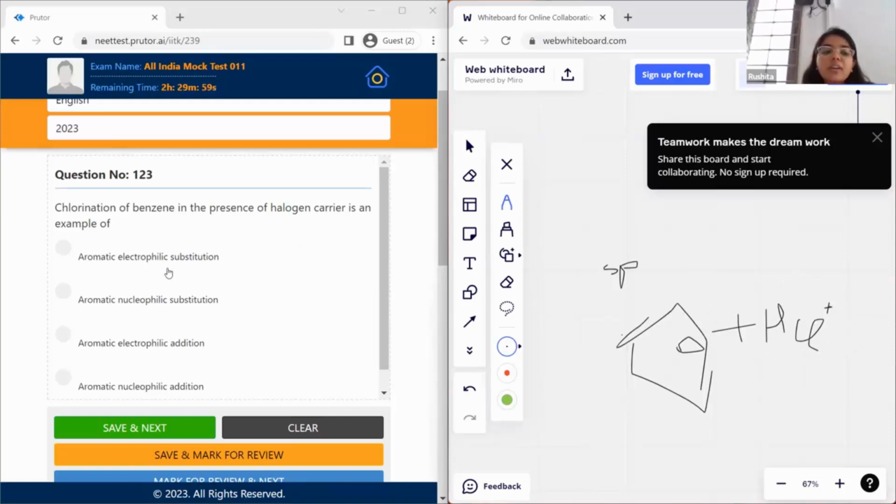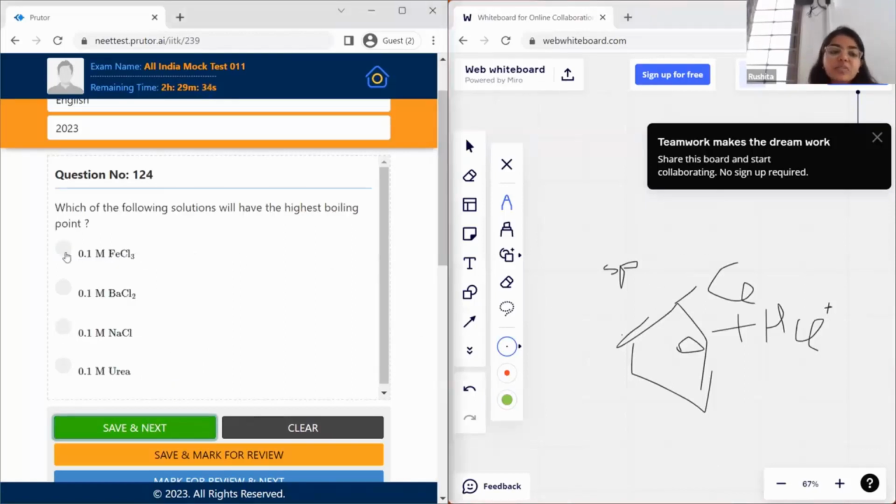So this would be an aromatic electrophilic substitution reaction. And substitution because with the adding of a Cl here, a hydrogen atom would leave to maintain the structure of the benzene ring. So the chlorine won't be added, it would be substituted for a hydrogen atom. So it is an electrophilic substitution.